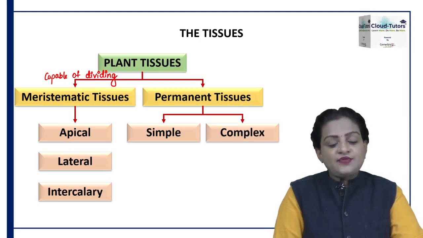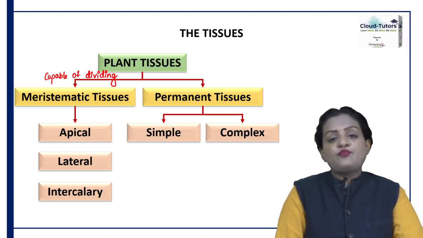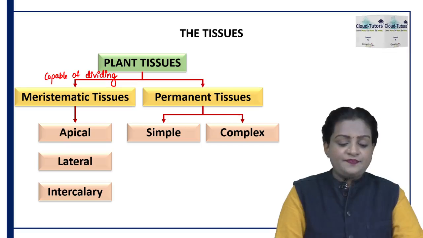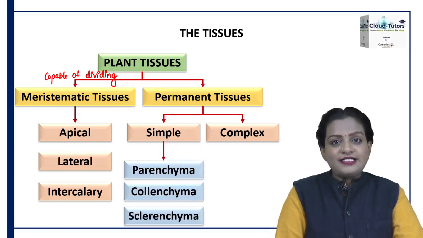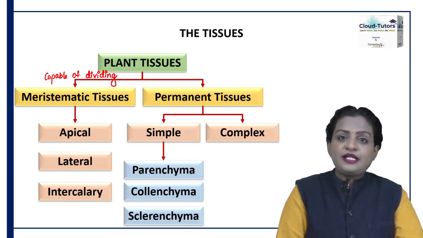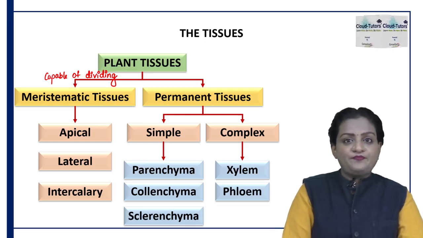There are three types under simple. The second is complex. That means they are made up of more than one type of cell, so their structure is very complex. Under simple, the three types are parenchyma, collenchyma, and sclerenchyma. Under complex permanent tissue, we have two types, xylem and phloem.